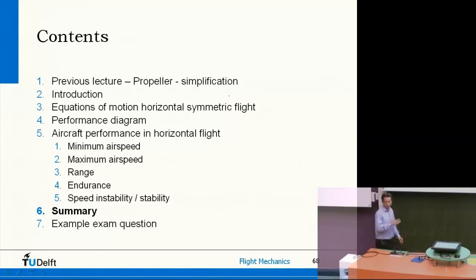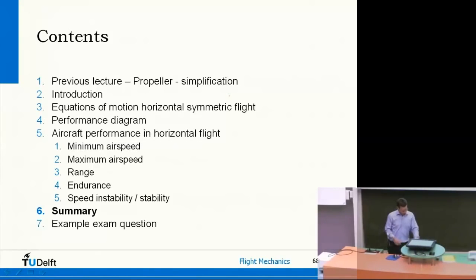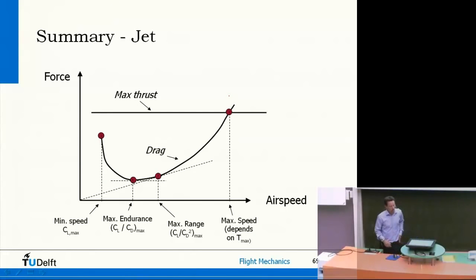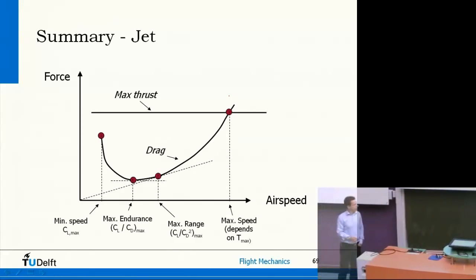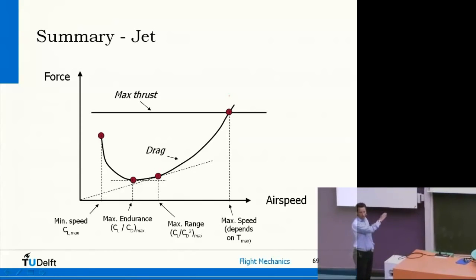So far, horizontal flight performance. A little summary, because you've seen a lot of equations, but what do you actually need now? What do you need to memorize and what not? If you look at these performance diagrams, all the interesting points from a performance point of view you can actually note in this diagram. Minimum speed is all the way on the left-hand side.